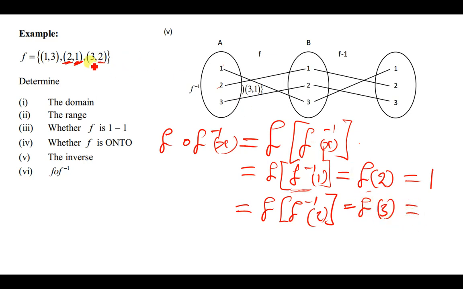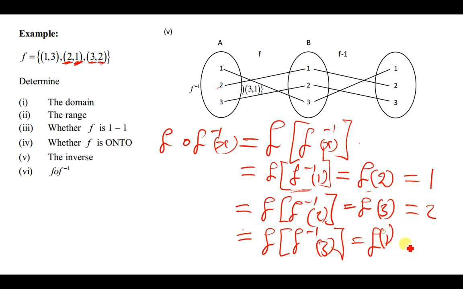Then f of 3 will give me 2. The same applies to the last part. We put 3 there. So f of f inverse of 3. F inverse of 3 will give me 1 there if you check.